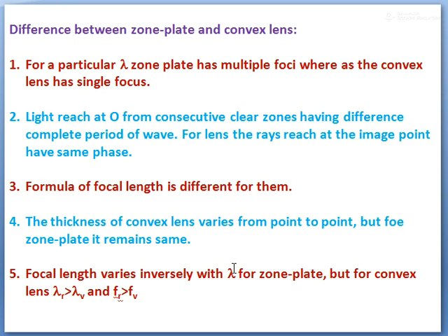Second light n equal to 2, that zone is opaque. Third light is coming from n equal to 3, that zone is again open.